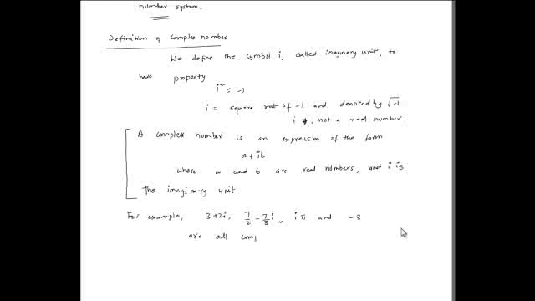The second is also in the form a plus ib, where a is 7 by 2 and b is minus 7 by 3. In 5i, a is 0 and b is 5. The last example shows that every real number can also be regarded as a complex number. You can always consider minus 3 as minus 3 plus i into 0. So all real numbers can be regarded as complex numbers.